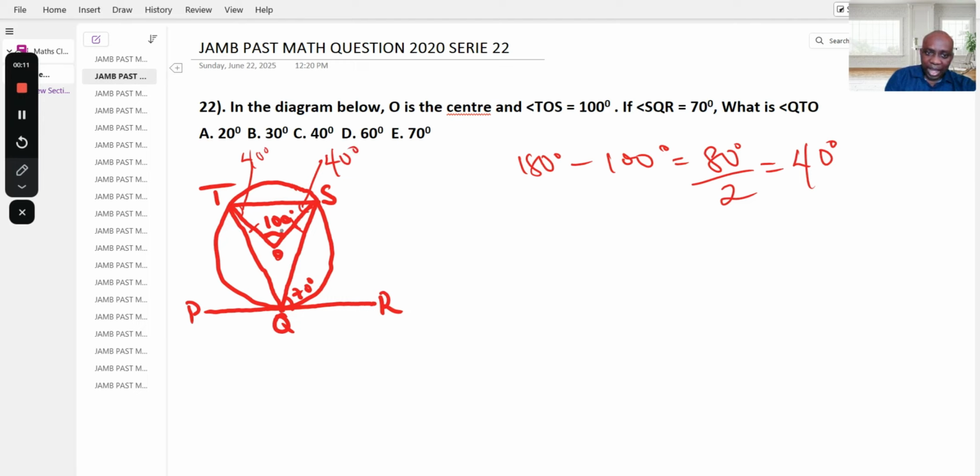Therefore, the total sum of the angles in that triangle will be 180 degrees. Now, the question said that we should look for QTO, the angle here. Let me redraw it.